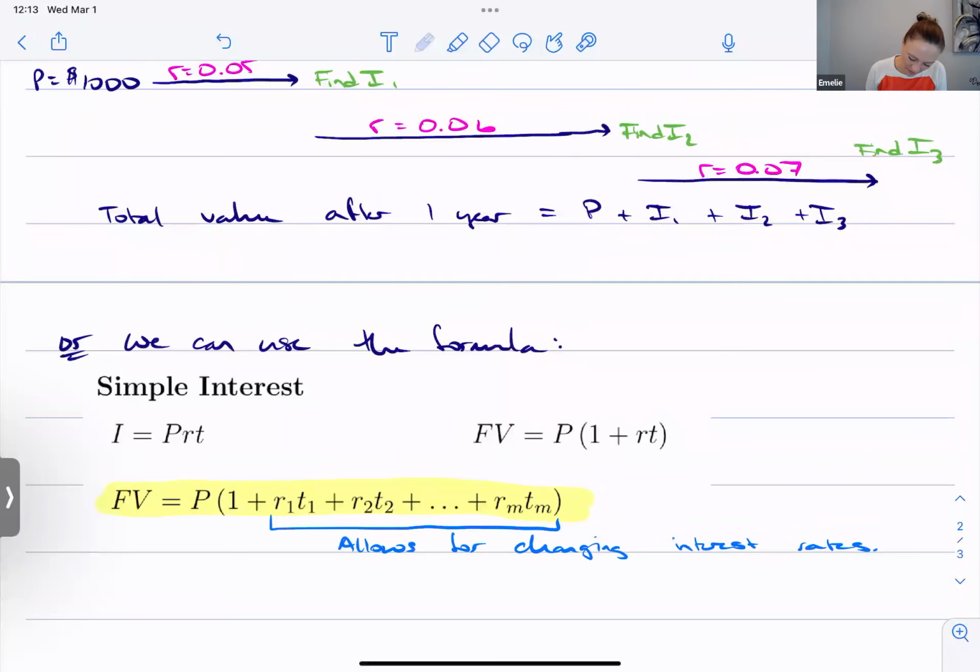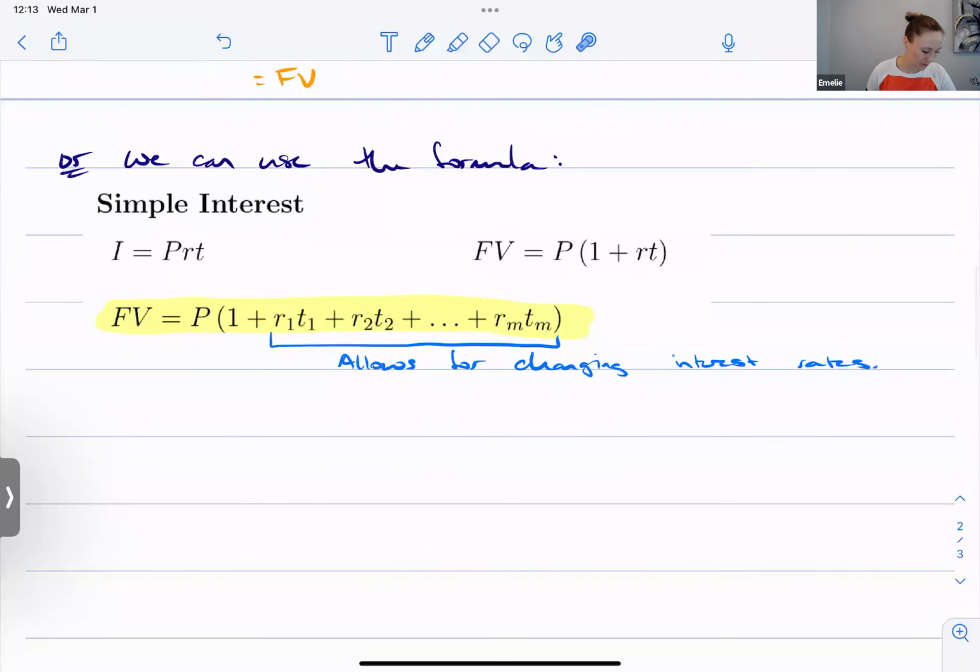The total value after 1 year is a future value, so you could replace that with the future value is P plus I1 plus I2 plus I3. Or how about we just use this formula right away. You can go back and try this one if you want, but I'm just going to use the formula.